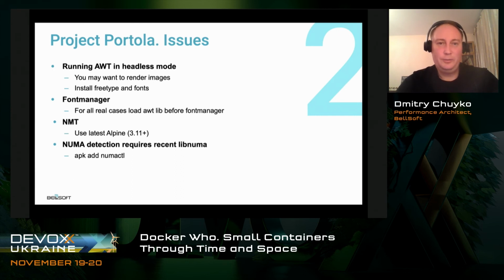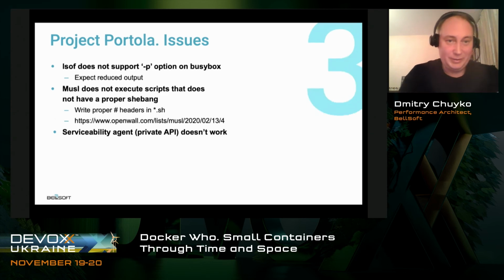If you really like running containers on Alpine Linux or with some NUMA hardware, well, it's better to install libnuma. The latest version is preferred here, and also to use native memory tracking, which is extremely useful to estimate the size of memory for your container, you will need the latest Alpine Linux.